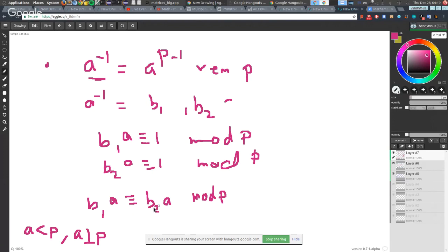So here we can divide by this a and eliminate it without any harm, as we have shown earlier. So these inverses have to be the same mod p. This proves that any two distinct inverses cannot actually be distinct, so they have to be the same.